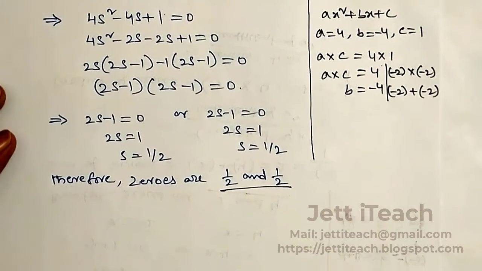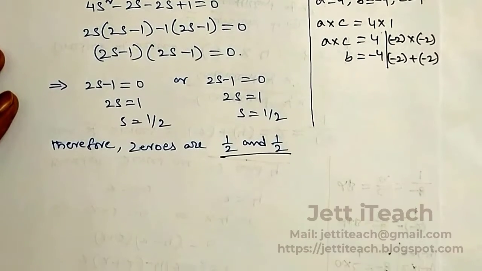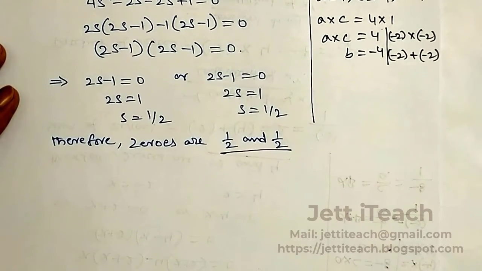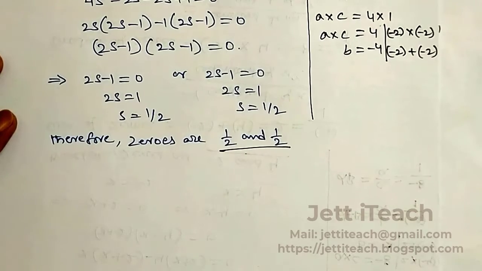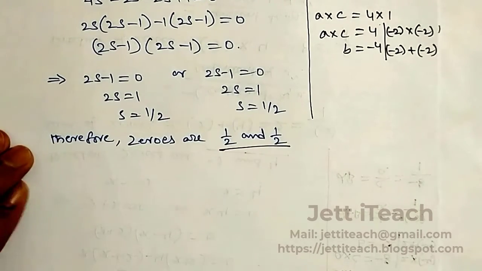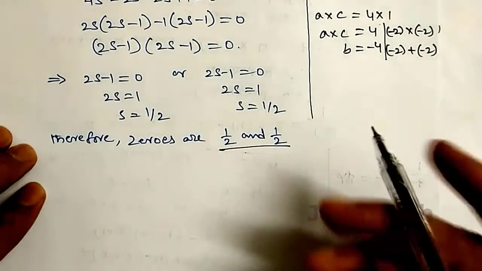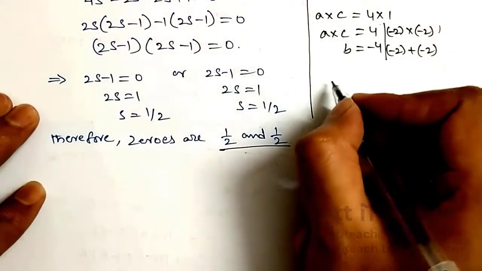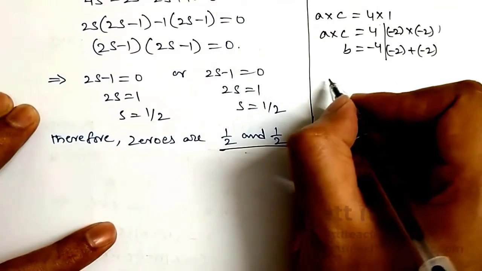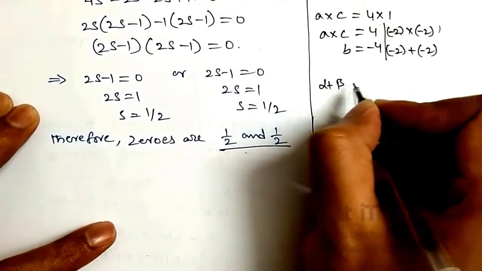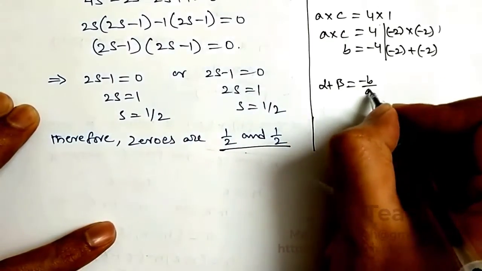Now we can find the relationship between the sum of zeros and the coefficients of the polynomial, and also the product of zeros and the coefficients of the polynomial. Before that, you can see the sum of zeros formula: alpha plus beta equal to minus b by a.